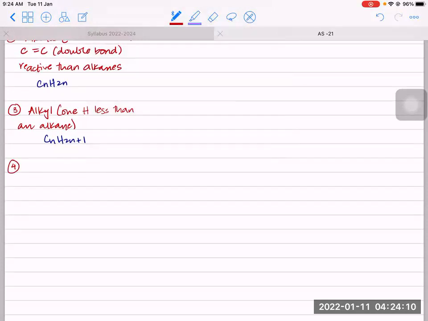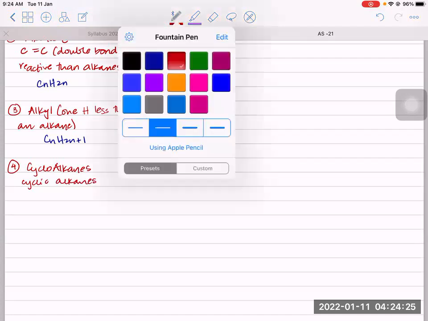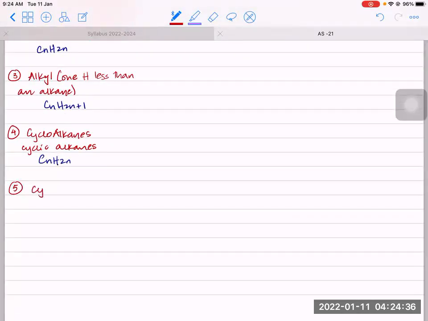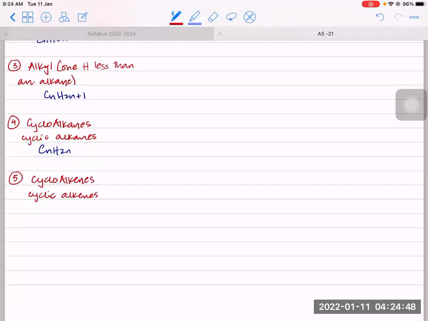Then we have cycloalkanes, which are cyclic alkanes with a general formula of CnH2n. We will see each of these functional groups separately and differentiate between them. Then we have cycloalkenes, which are cyclic alkenes, and the general formula is CnH2n-2.